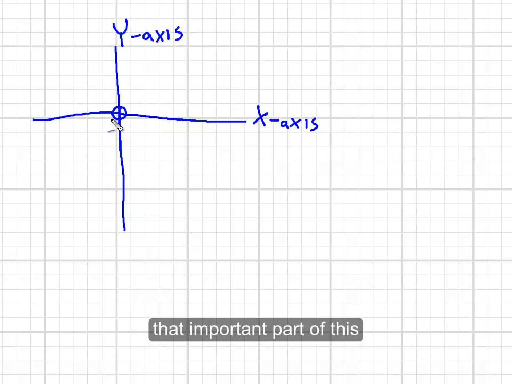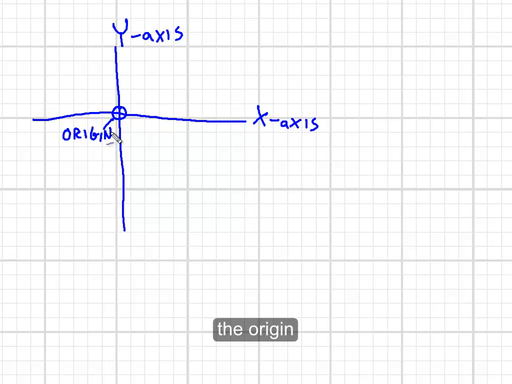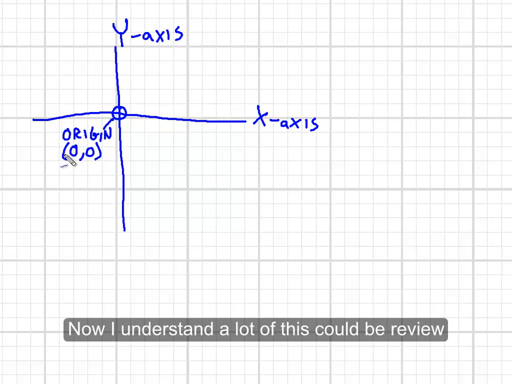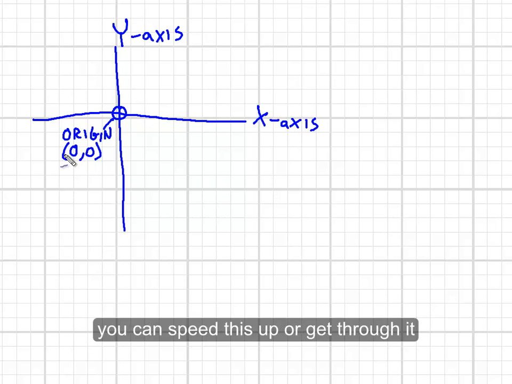That's an important part of this. That's called the origin, or in coordinates, that would be 0, 0. I understand that a lot of this is going to be maybe review or basic, but you can speed this up or get through it.